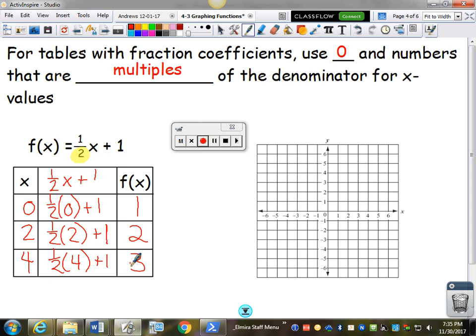So over to our graph, 0 and 1, 2 and 2, 4 and 3. Now I'm noticing up 1 over 2, up 1 over 2, so I'll continue that pattern so I can fill in and graph edge to edge. Arrows on each end and label.